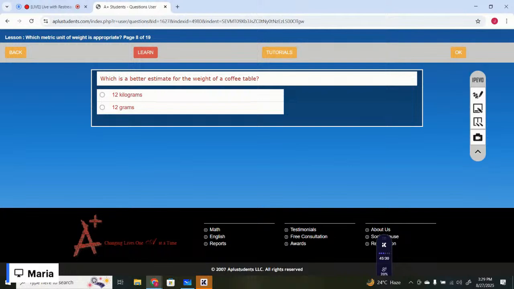Which is a better estimate for the weight of a coffee table?